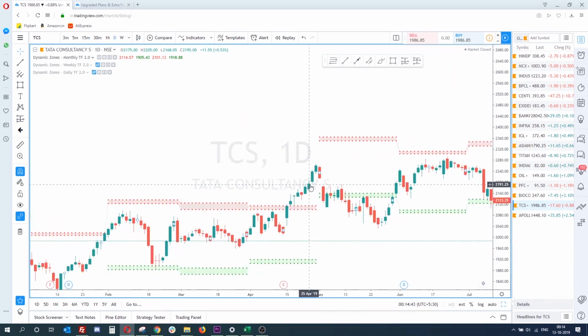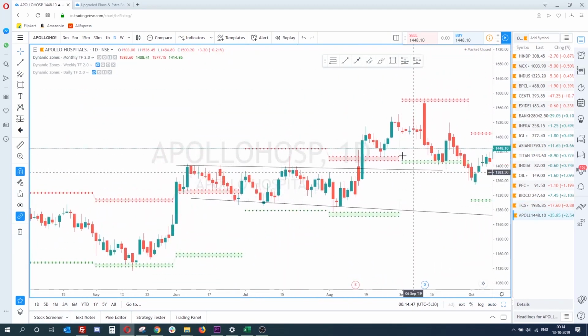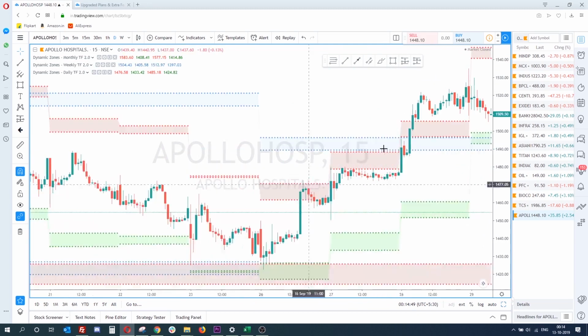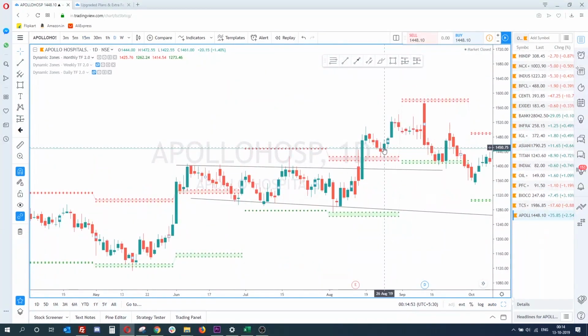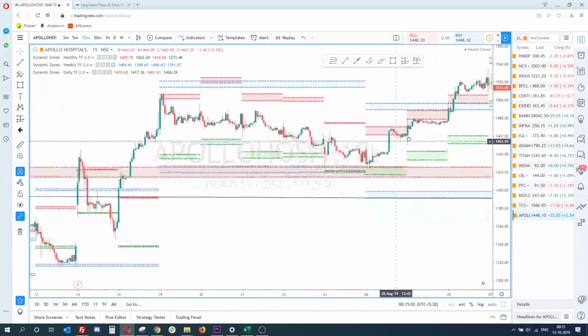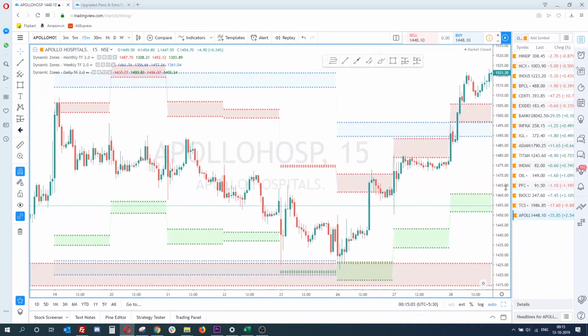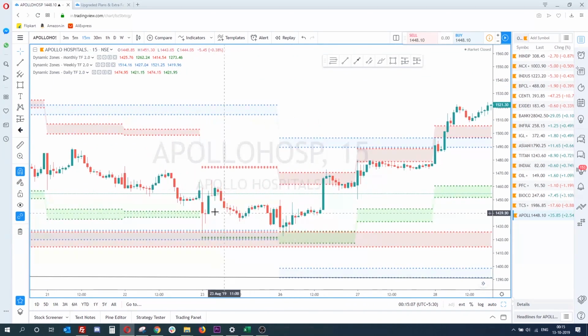Okay, and probably I can give you another idea of how it works. So this is Apollo Hospital, 26 August, right? So if I just click the 26 August candle, you will be there on 26th August. So if you see here, there were 2 days.